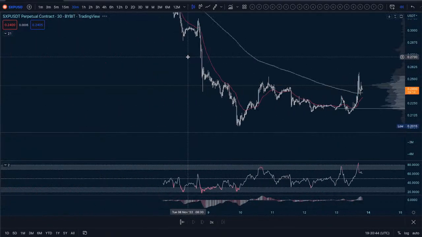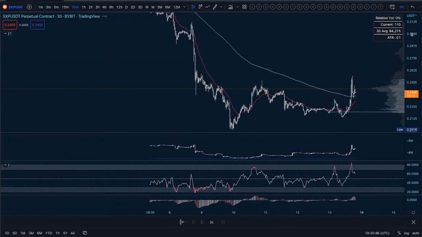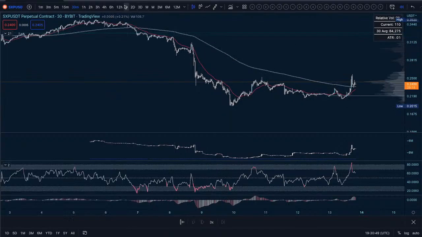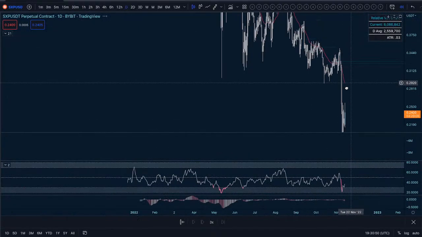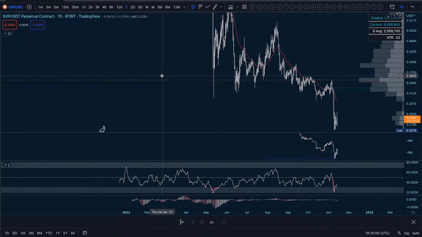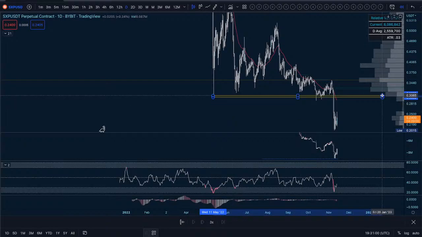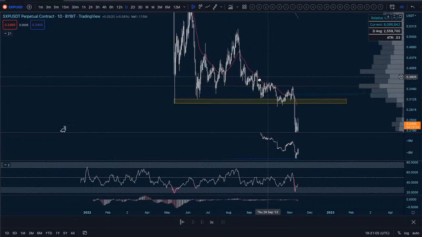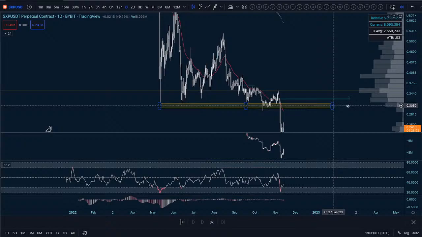I don't really want to look at this because of how it looks. There is so much to go before I would be interested in this. It has to break and hold that one first.